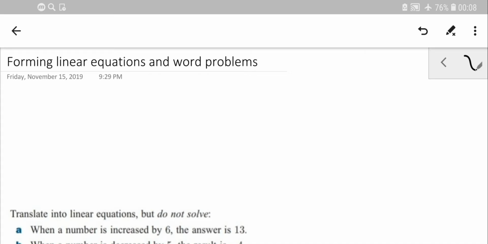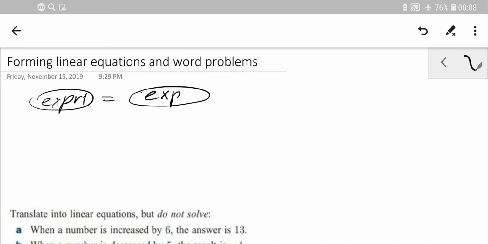Okay, let's get started. Before that, we need to know what an algebraic equation is. Basically, what we saw before is simply two expressions connected with the equality sign. So this is algebraic expression 1 equal to another expression 2.